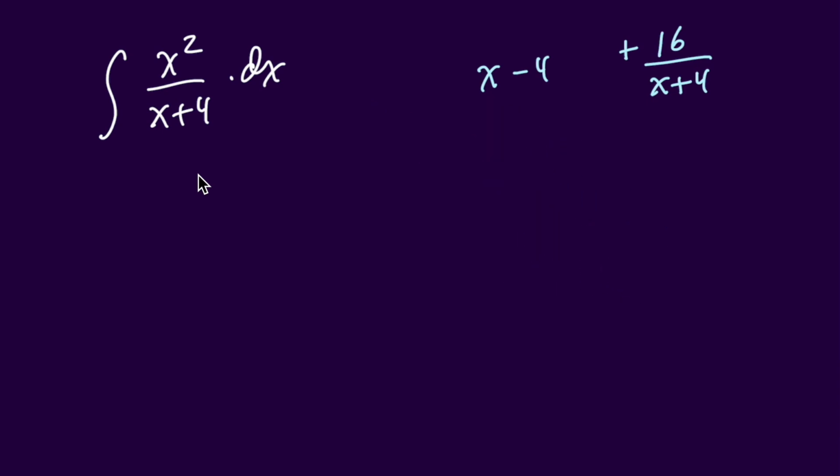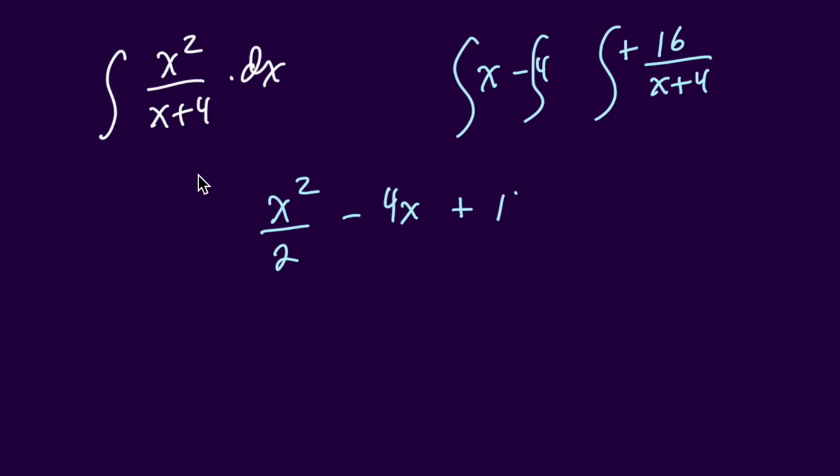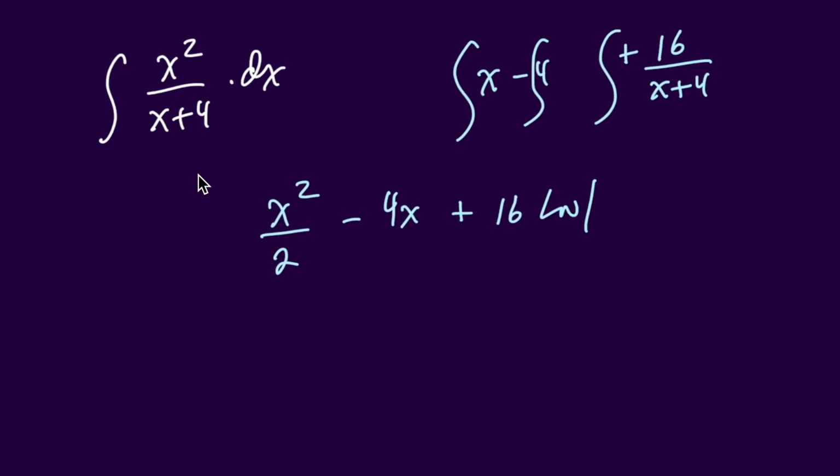Okay, folks, then we're simply going to integrate these three terms. So our first term is going to be x squared over 2. Then we're going to have minus 4x. Then we're going to have 16 ln absolute value of x plus 4 plus c.